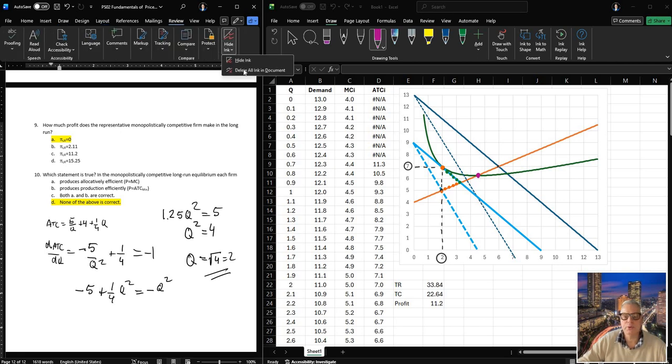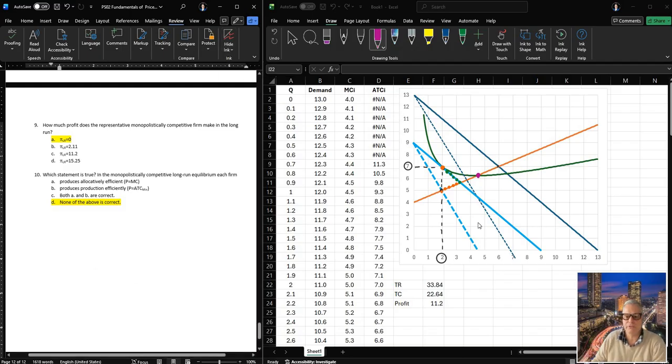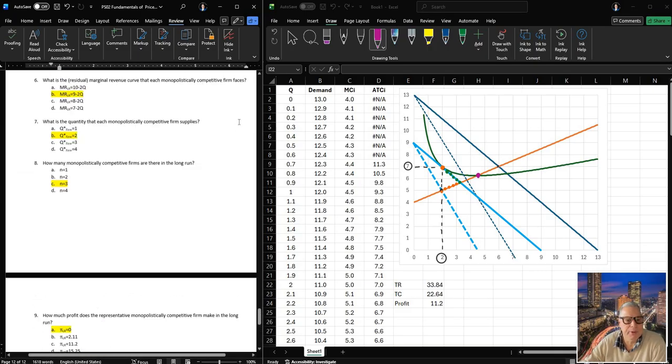Okay, so now we know how to solve for Q. So Q star we set is 2, and then we plug it into the average total cost function, in order to know what the long run equilibrium price is. It has to be 7. And again, I can't remember ATC.